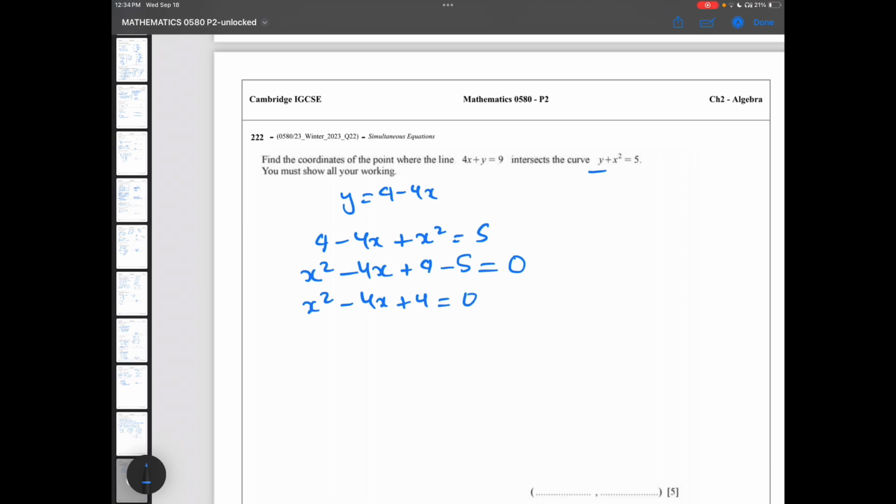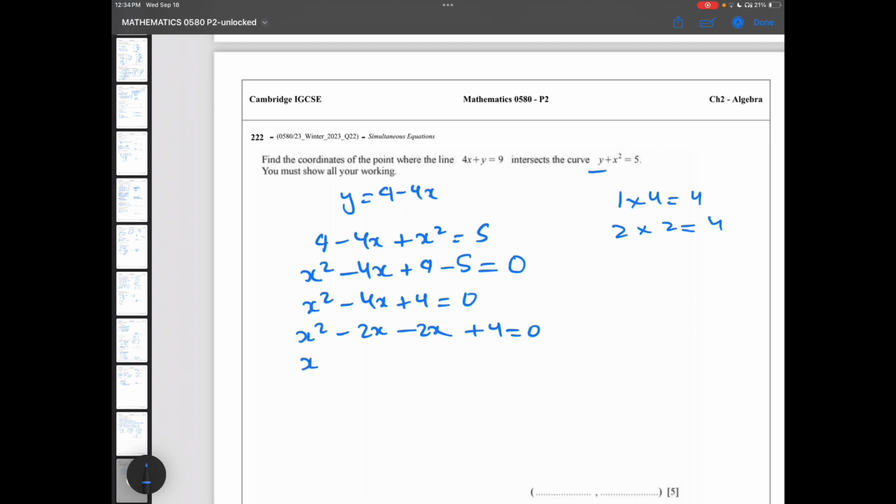Now let me see, can I solve this equation using middle term breaking? I can. The coefficient of x square is 1. I multiply 1 with 4. So I will make such factors that I get 4. By using 2 and 2, I can break minus 4x. x square minus 2x minus 2x plus 4 is equal to 0.